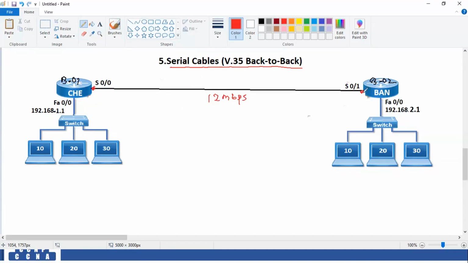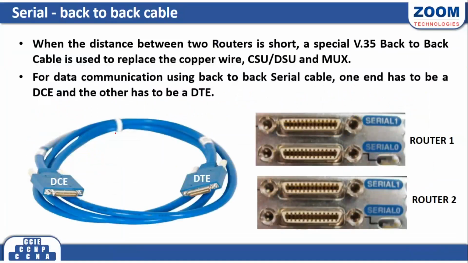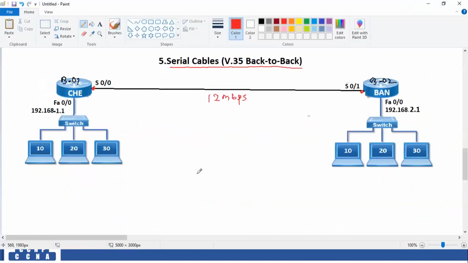So that is predefined. The cable is predefined. One end is already predefined as DCE, the other end is DTE. So where you connect it matters actually. If you connected the DCE end here, the other end should be DTE. Then you want to make this cable 2 Mbps, where do we need to configure it?